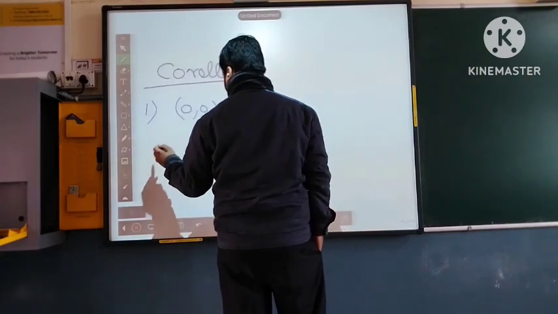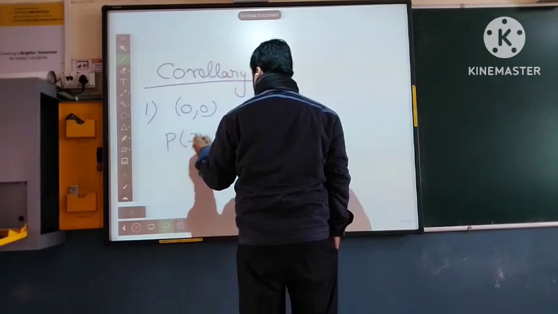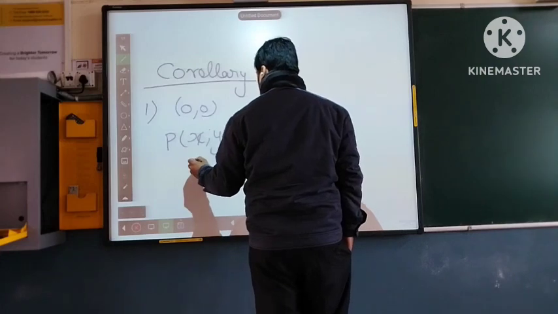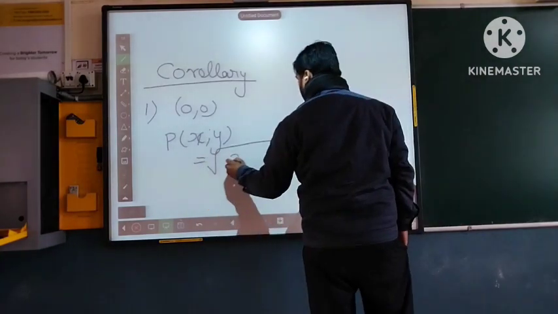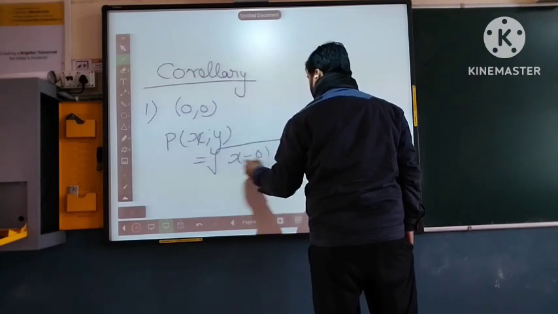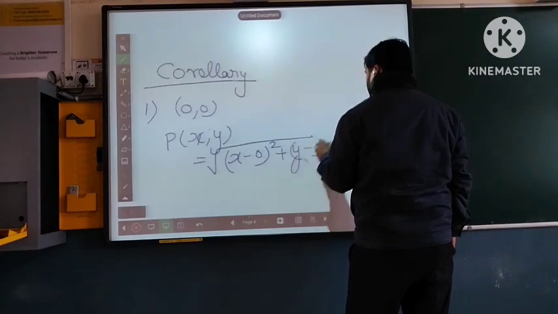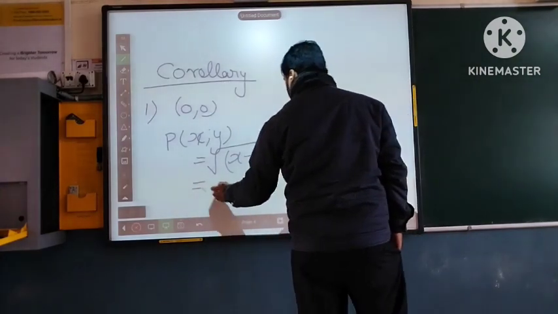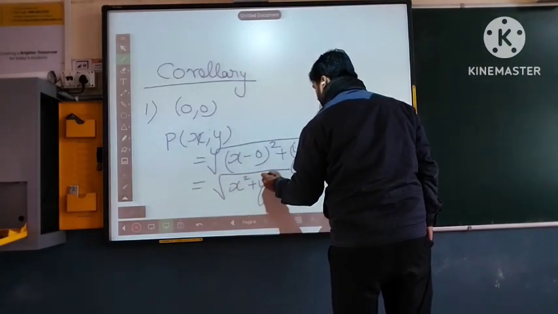If I take a point P as x and y, and I want to find the distance of point P from origin, I can write it as under root of (x minus 0) whole square plus (y minus 0) whole square.